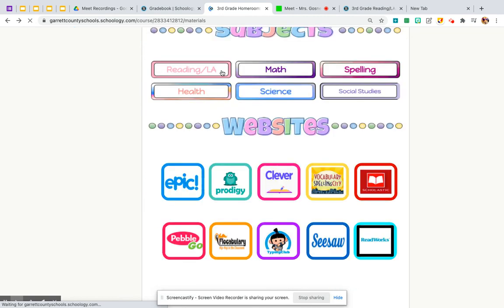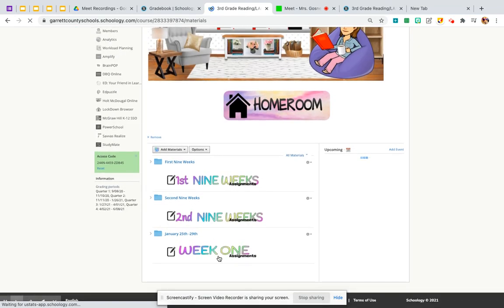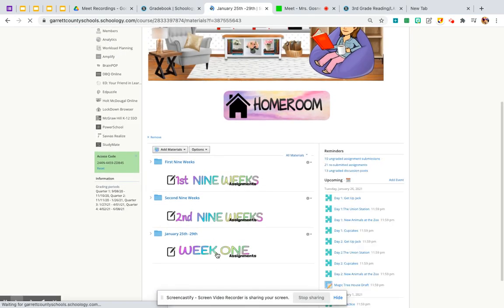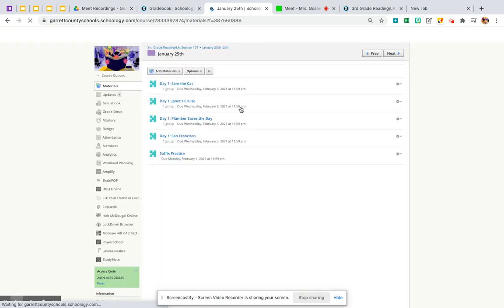I'm going to go to reading. And we are in week 1. And Monday, January 25th. Remember, you have your fluency passage to complete, and here is your suffix practice.